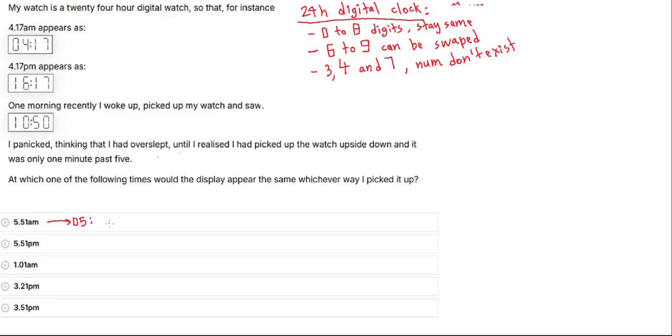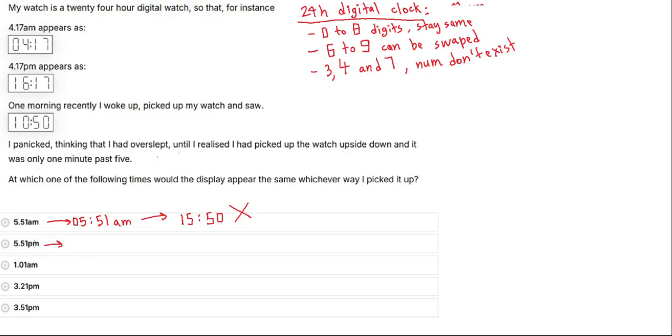We write this in 24-hour digital clock format: 05:51 AM. If we flip this, it will give us 15:50. So this doesn't give a number that looks the same, so we ignore this.